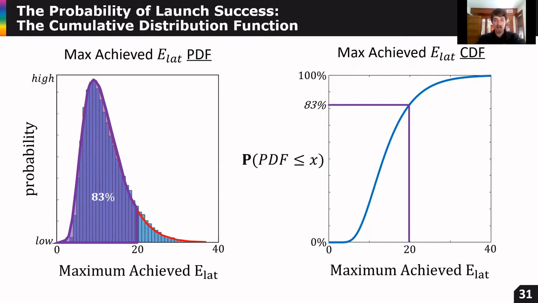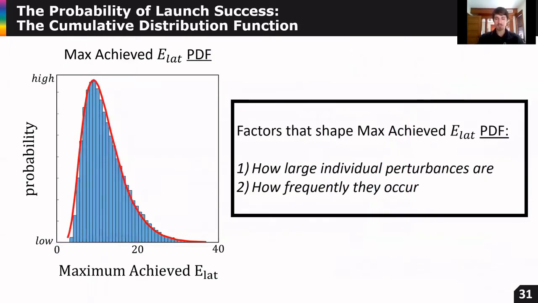So now that we understand how to determine the probability of success given the distribution of perturbing forces, let's see if we can model that. To determine this probability of success, the shape of the CDF, we need to determine the factors that determine the shape of the maximum achieved lateral oscillation energy probability density function.